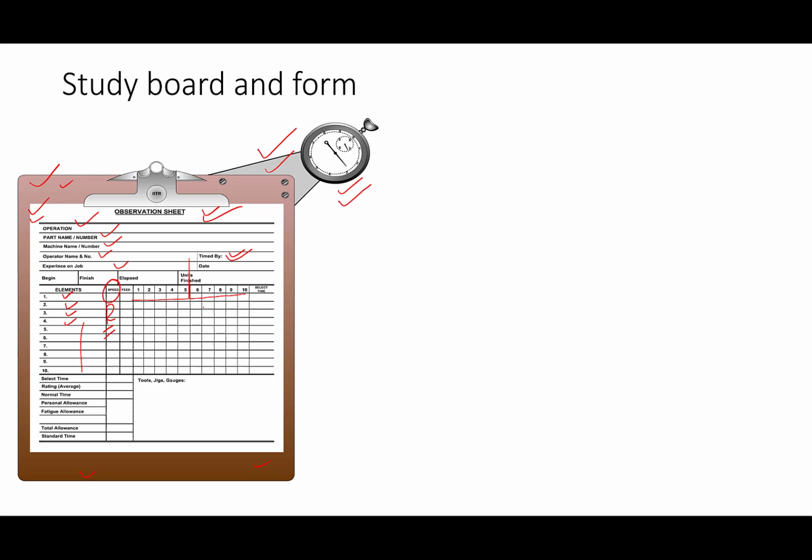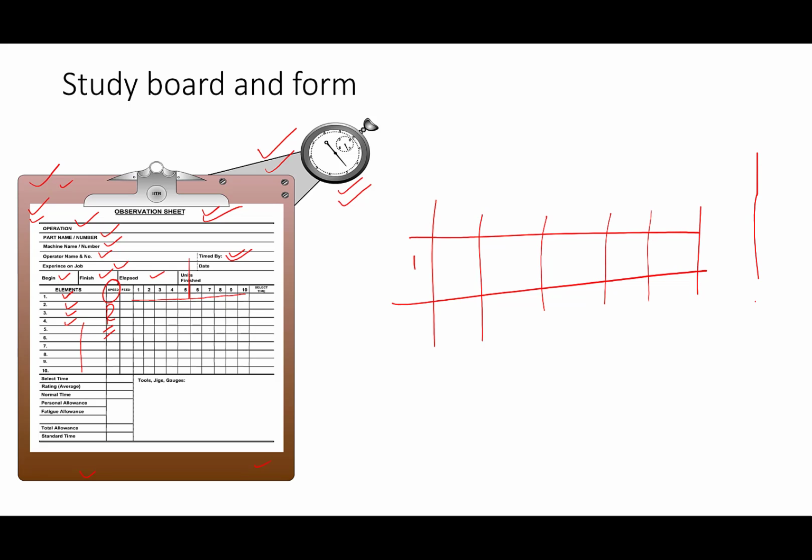When it is started, when it is finished, and the time elapsed in doing this study are mentioned. Here the time for each element is recorded, say element 1 is timed 10 times, 1, 2, 3, like this, up to 10 times.